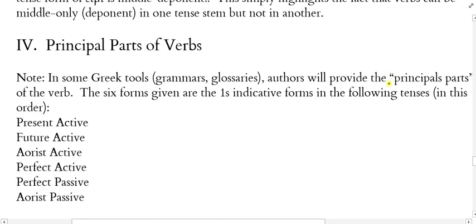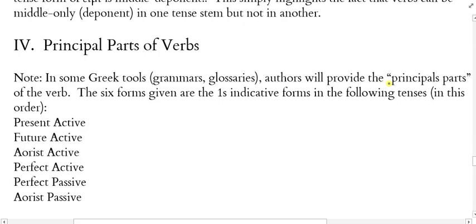Sometimes our Greek tools, like our grammars and glossaries, are going to provide principal parts of the verb. The principal parts are the 6 verb forms that are provided for you usually in a columnar layout, and those 6 forms will be in the first person singular form, and they are supposed to be in these tenses.